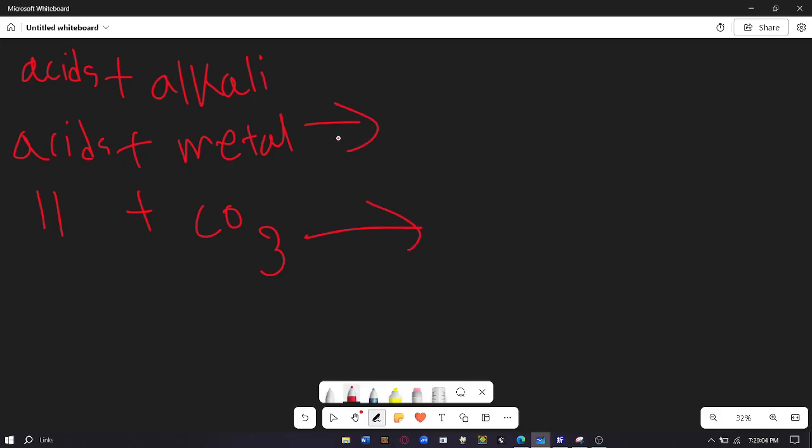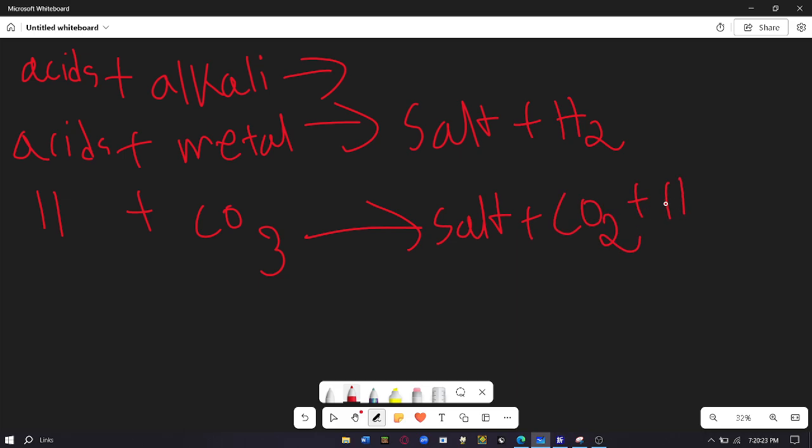These have different products. Acid plus metal gives a salt plus H2 gas. Acid plus carbonate gives a salt plus CO2 gas plus H2O. I can double check this; I'm not 100% sure, but I'm pretty sure it's this. As for acid plus alkali, it's just salt plus water.